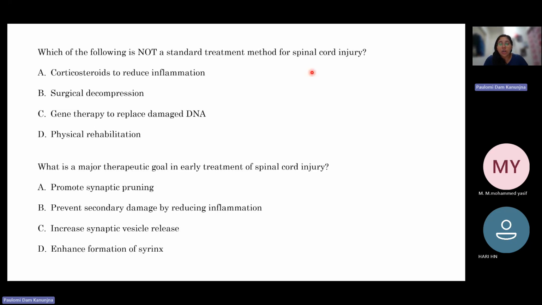Okay, the last question on injuries here. Which of these is not a standard treatment? Just like we have been doing for all others, we'll finish it with treatments. So which of these is not a treatment for spinal cord injury? And whatever is the treatment of spinal cord injury, what is the primary therapeutic goal?